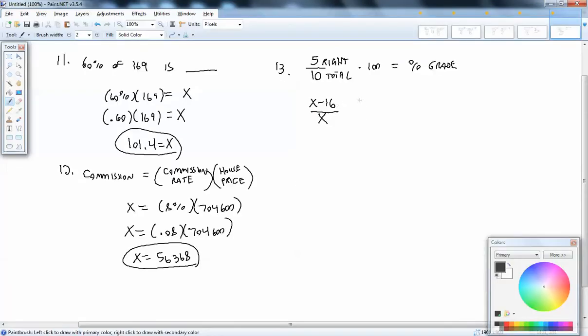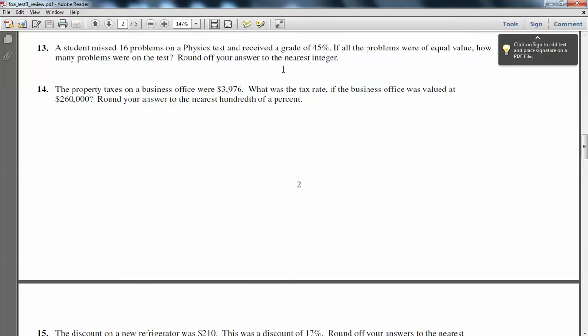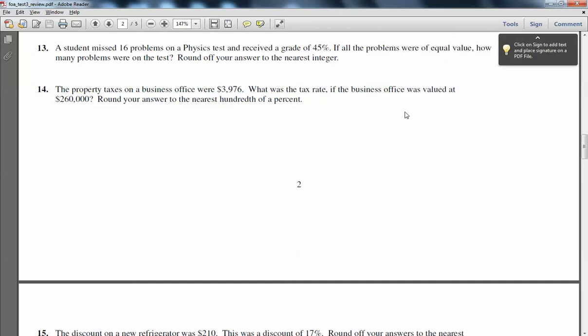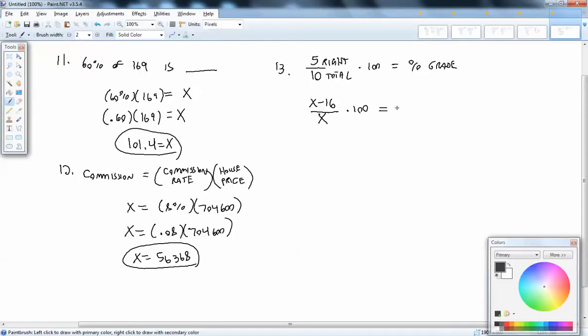I'm thinking through this myself. So then times 100 is going to give us our percent, which is 45. Now, I did this simple number example just to wrap my mind around the formula. It has nothing to do with this.